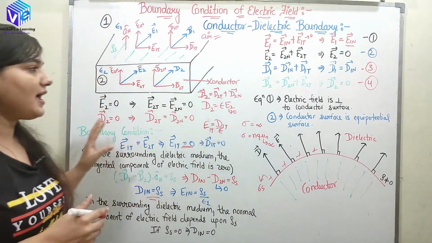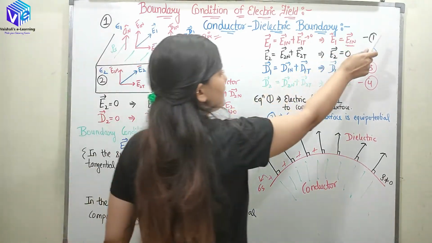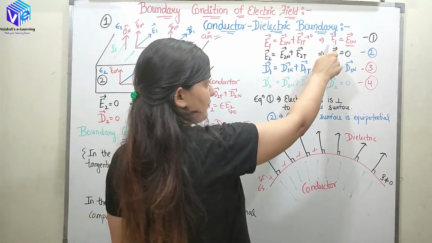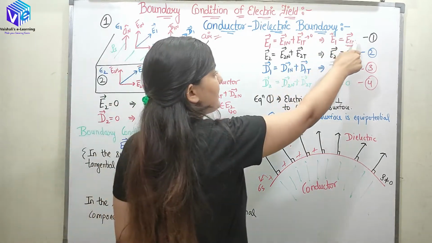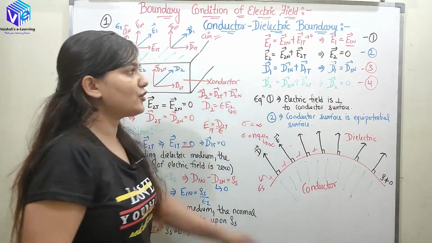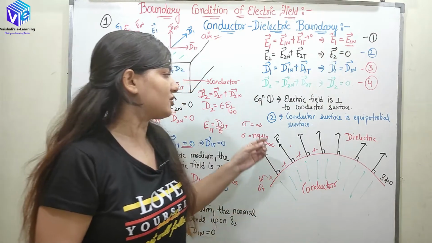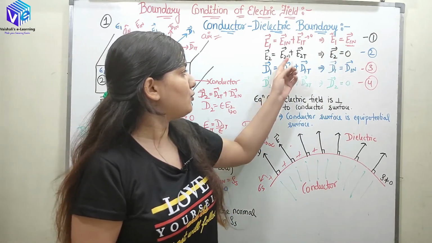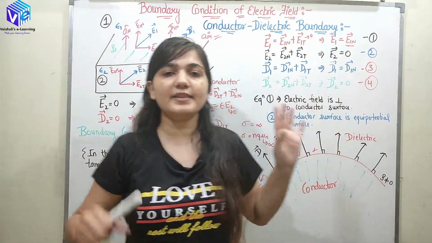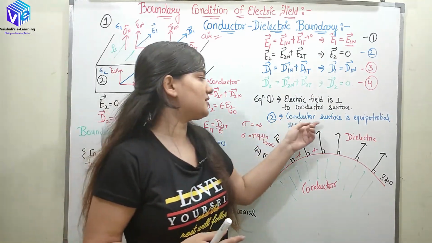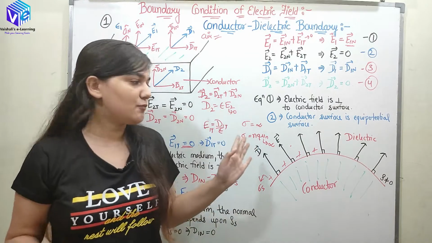Now equation 1 states directly that in medium 1 we have the electric field E1 which is perpendicular to the conductor surface, because we just have the normal component. Equation 2 represents that E2 is 0, and when the electric field is 0, the potential is constant, which means the conductor surface is an equipotential surface.